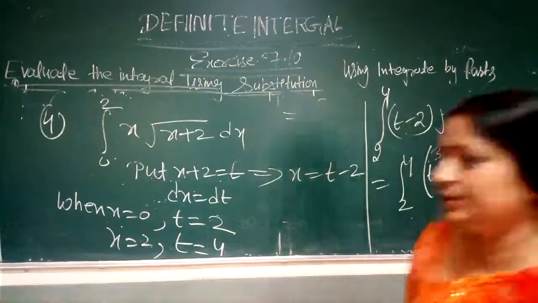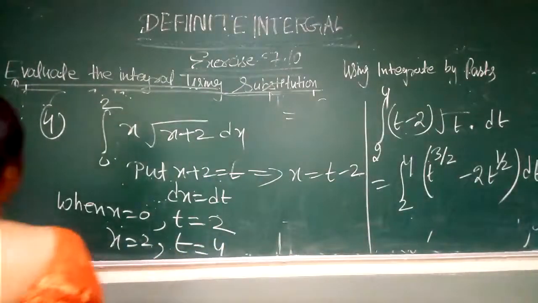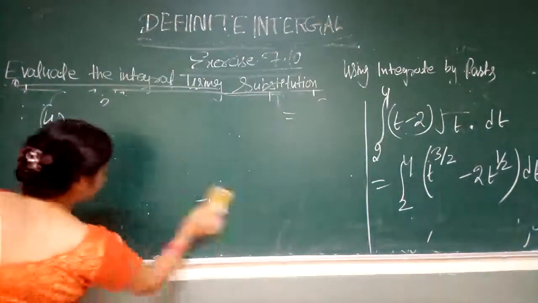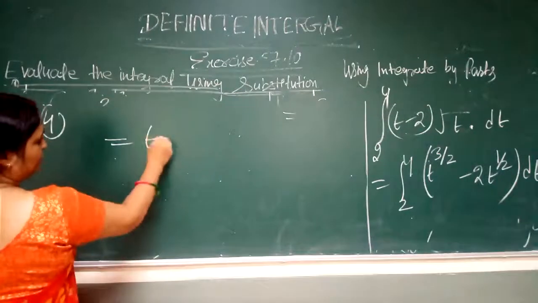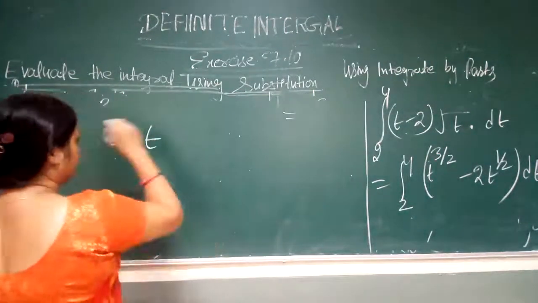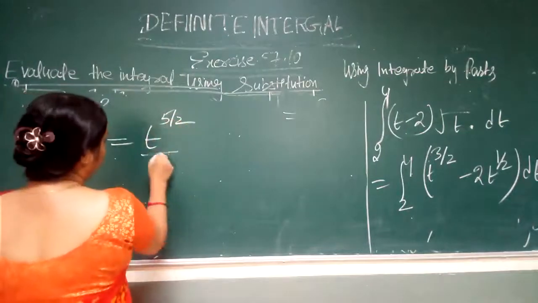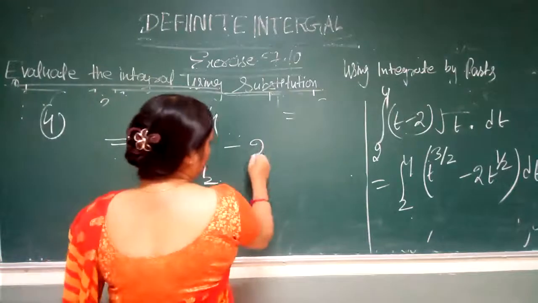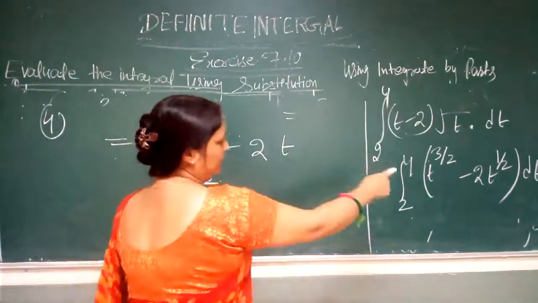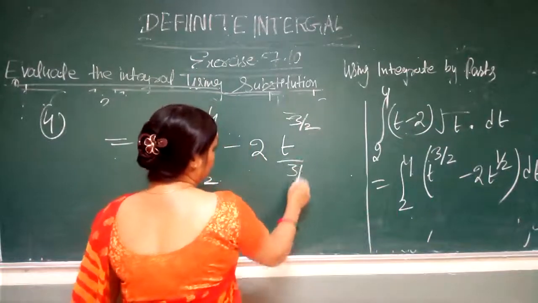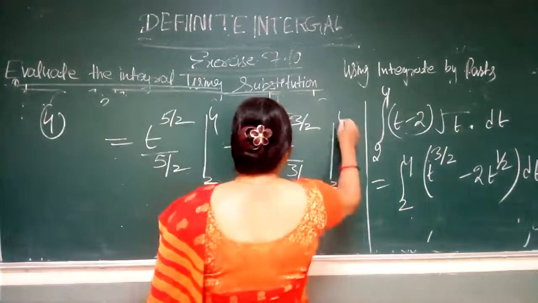After that you can open this integration. After finding the integration, what will come here? That is t raised to power 3 by 2 plus 1, so it will come 5 by 2 upon 5 by 2, and limit 2 to 4, minus 2 into t raised to power half plus 1, so it will come 3 by 2 upon 3 by 2, limit 2 to 4.